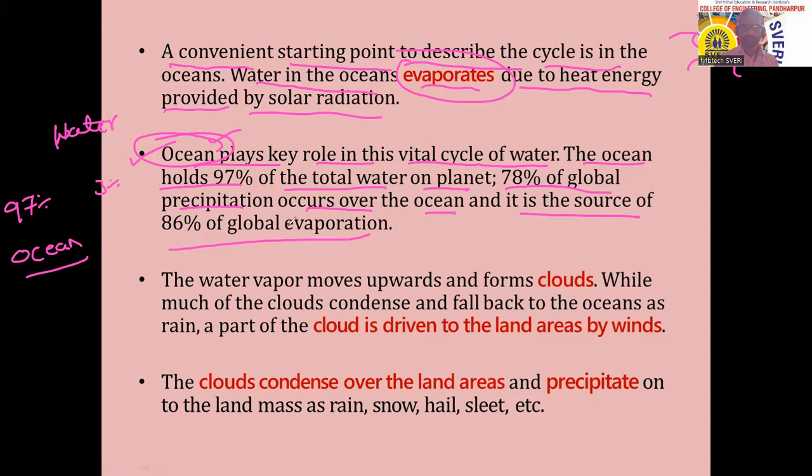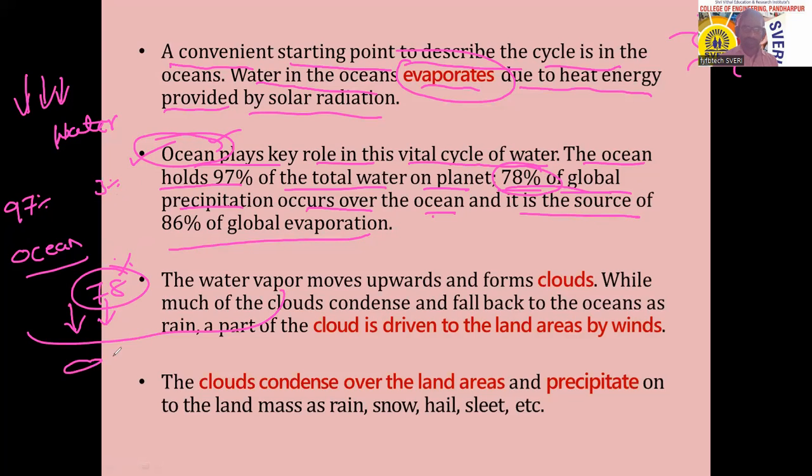Yes, sir. So next, 78% of the global precipitation, meaning the rain that is happening, 78% of it occurs over the ocean. Over the ocean, precipitation is 78%, and it is the source of 86% of the global evaporation.